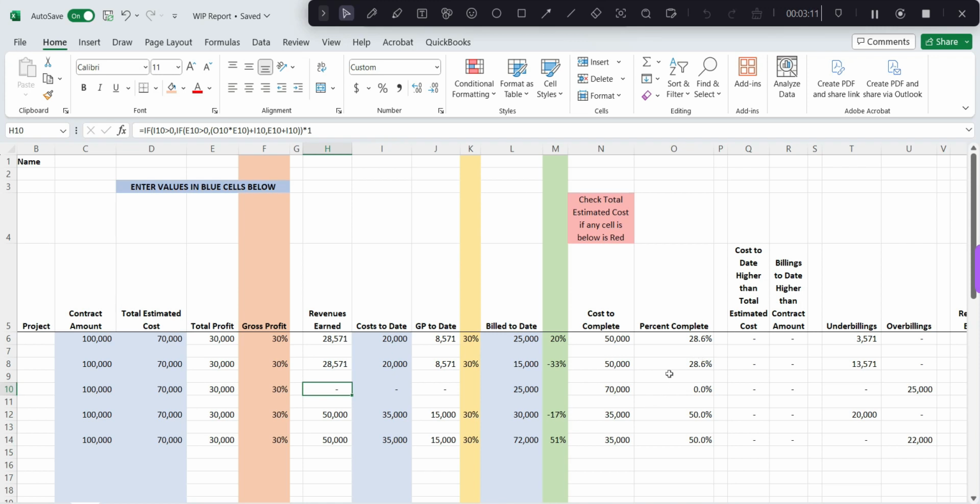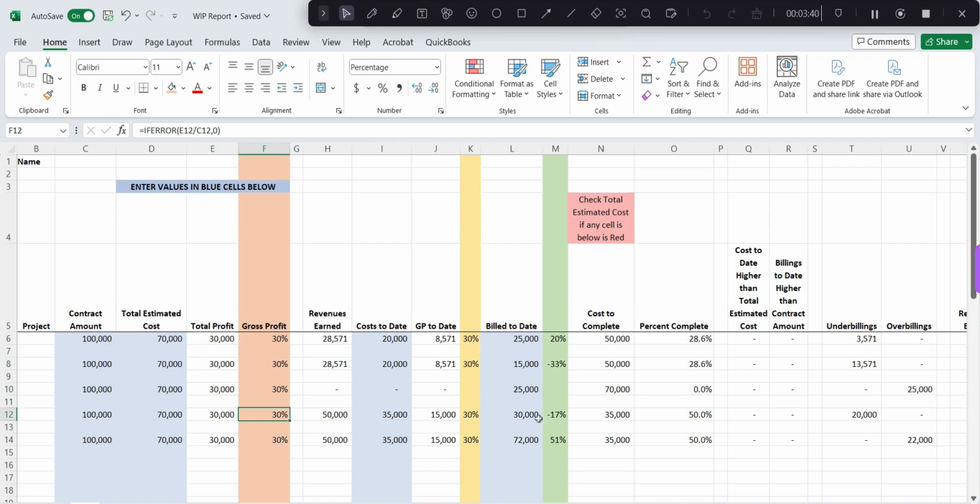Let's move on to the fourth example, where we have more costs, $35,000. We have billings to date of $30,000. Again, we have less billings to date than we do have costs. So we're at a loss of 17%. Again, we're expecting 30% gross profit. So here we go with the balancing act here.